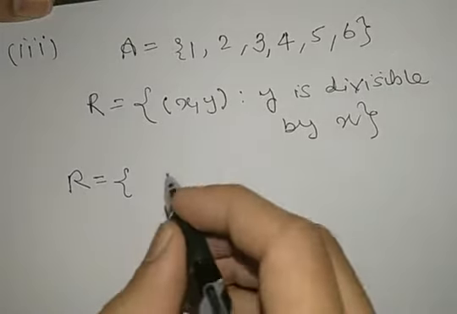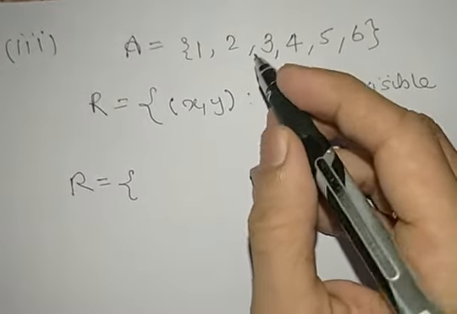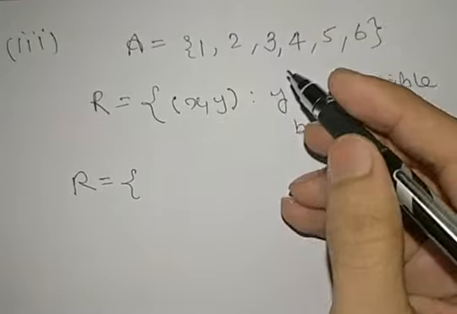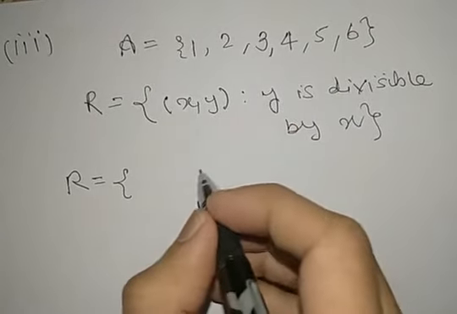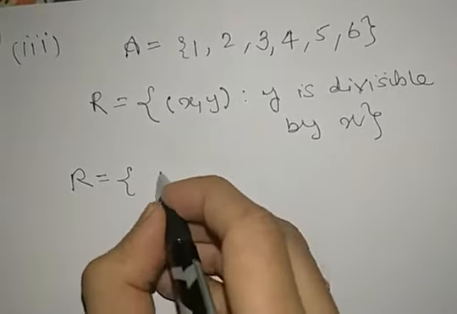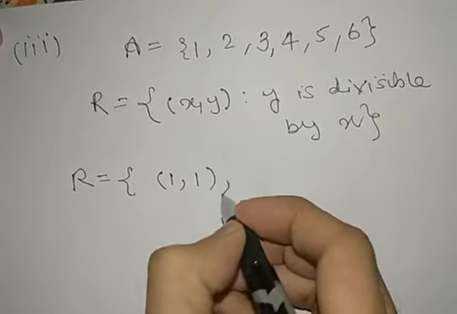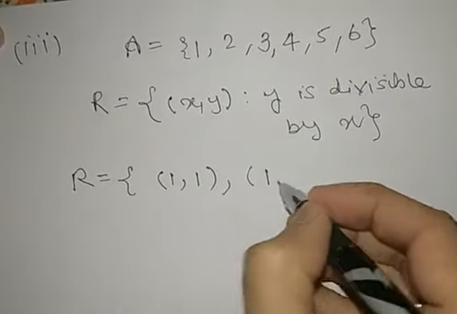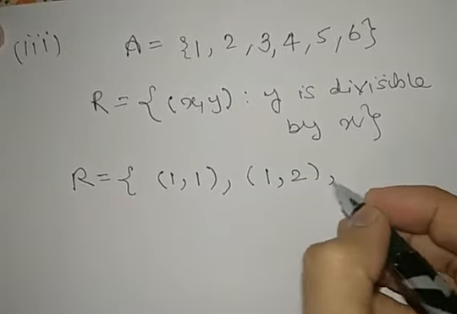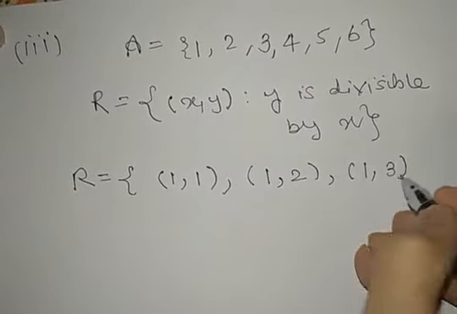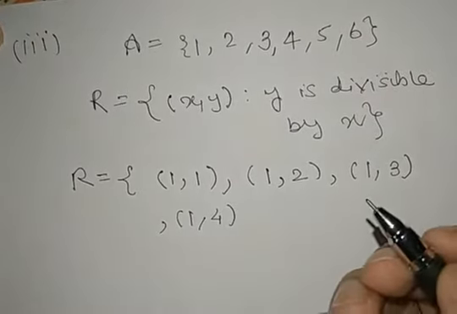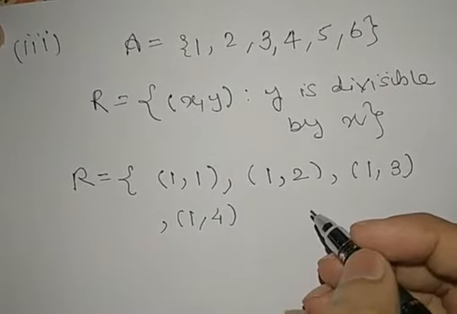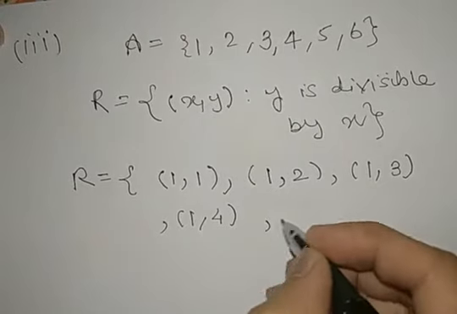You have to take all the elements from this set A. Since 1 divides 1, the element (1, 1) will be there in this set. Similarly (1, 2), then (1, 3), (1, 4). Why? Because 1 divides every integer, so all these elements will be there.